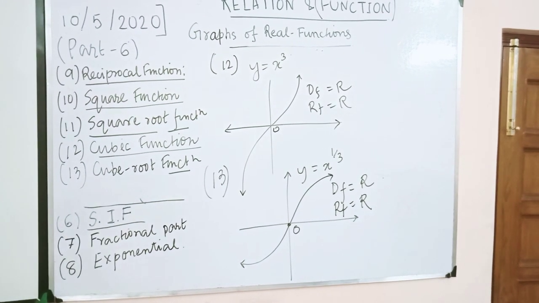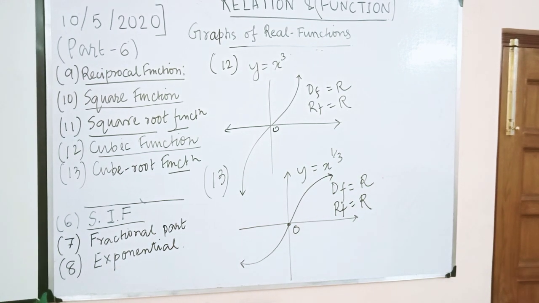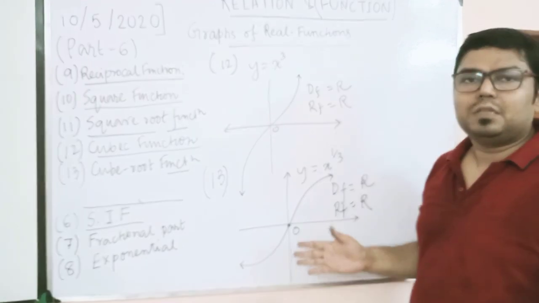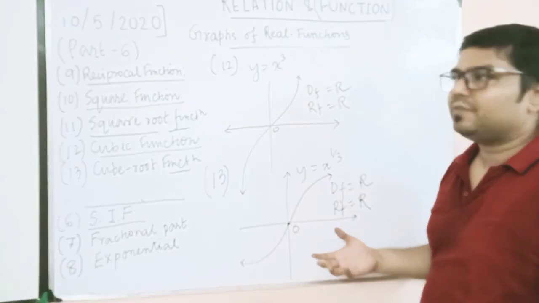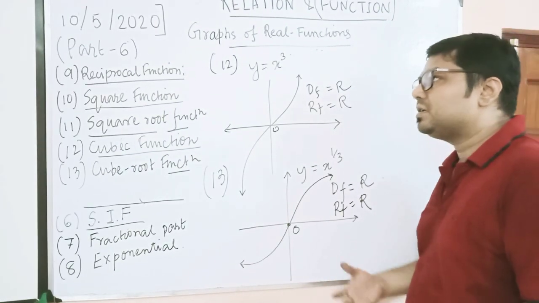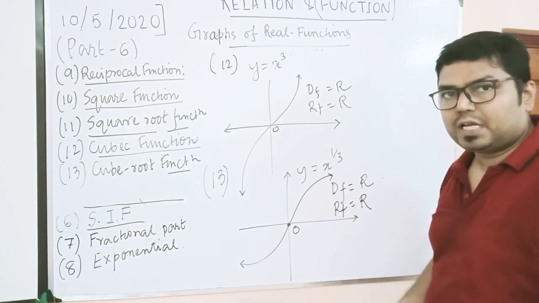So these are the basic real function graphs which we have discussed. Apart from this, there are many situations where two graphs are combined and we need to draw the graphs. It is always advisable that you practice the graphs and get the domain and range.